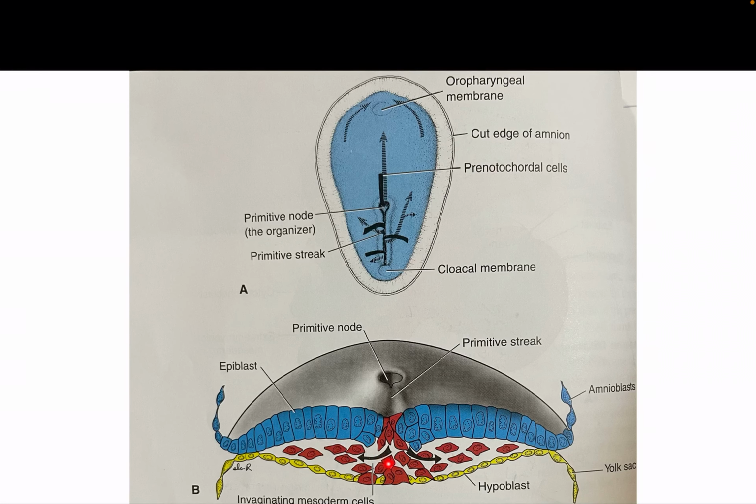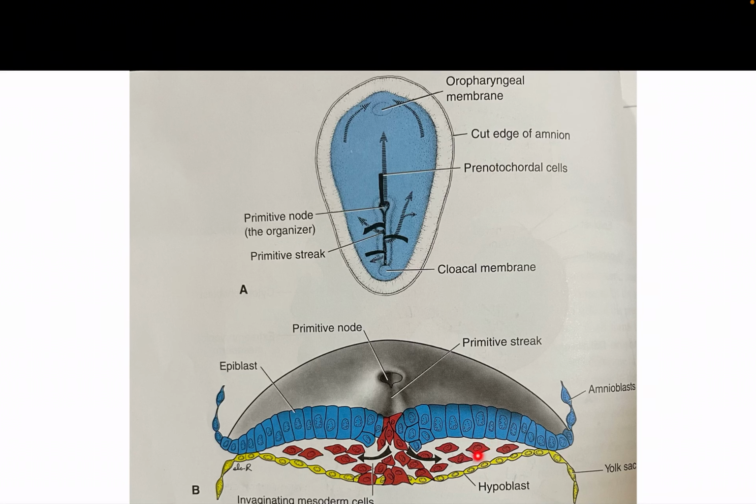What are these red cells? They are basically epiblast cells which migrate from the primitive streak down and start settling in between the epiblast and the hypoblast.